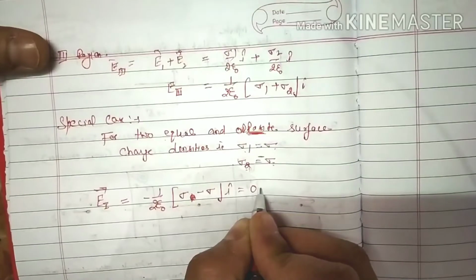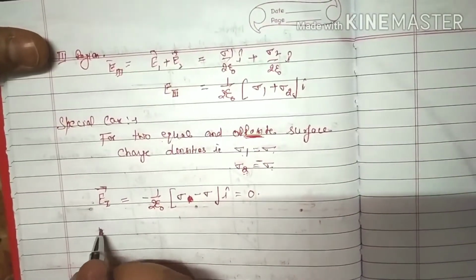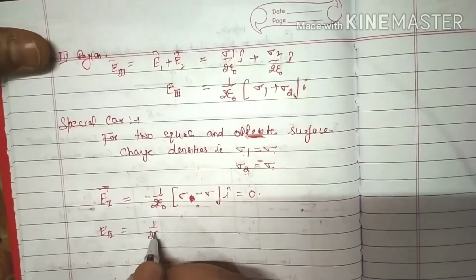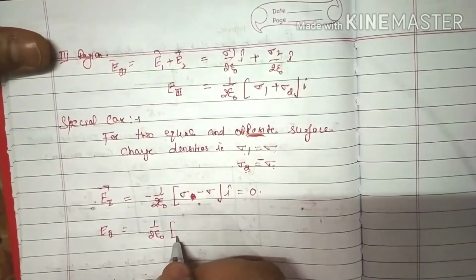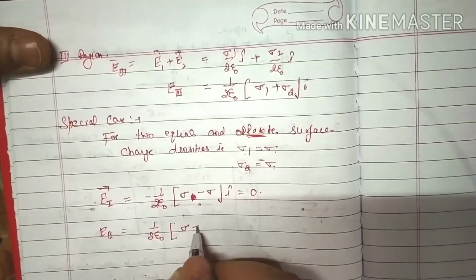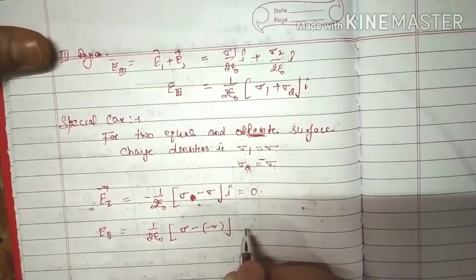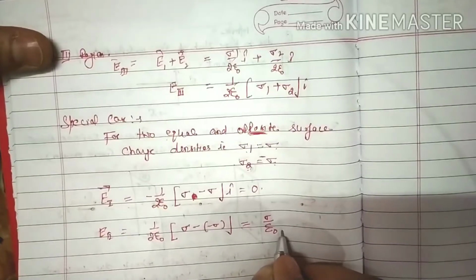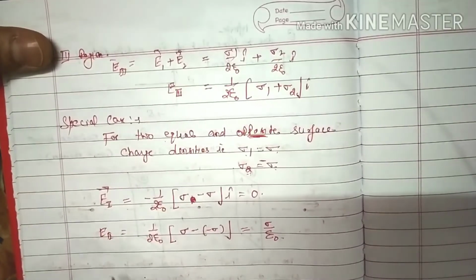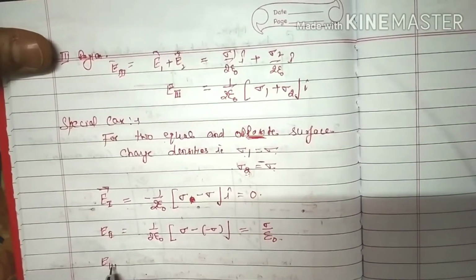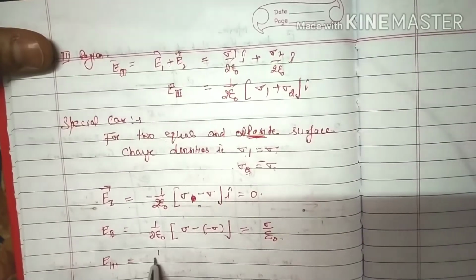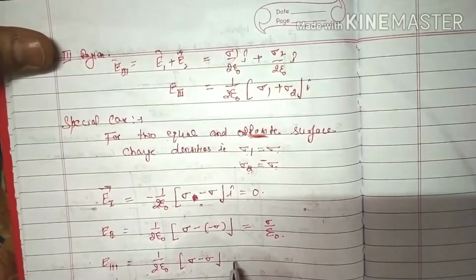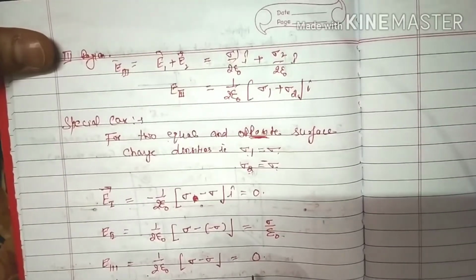In the first region the electric intensity is 0. In the second region, 1 upon 2 epsilon naught (sigma plus sigma) is equal to sigma upon epsilon naught. And in the third region, 1 upon 2 epsilon naught (sigma minus sigma) is equal to 0.